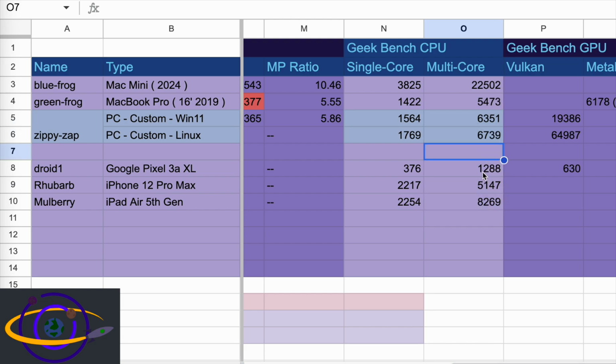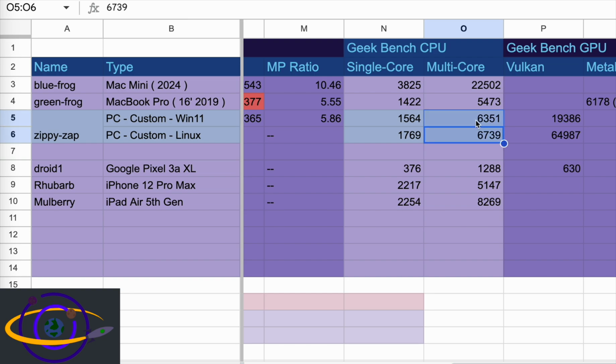Now, here we have some results that are not too terrible, but keep in mind this is multi-core. It's still way lower than all the others in multi-core performance. There's the Google Pixel, the lowest. Now, the iPhone is reasonably okay, but when it comes to multi-core performance, it is no longer beating out the MacBook Pro's i7, and it is definitely no longer beating out the custom PC's i7.